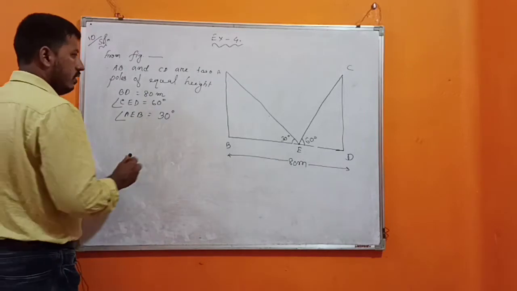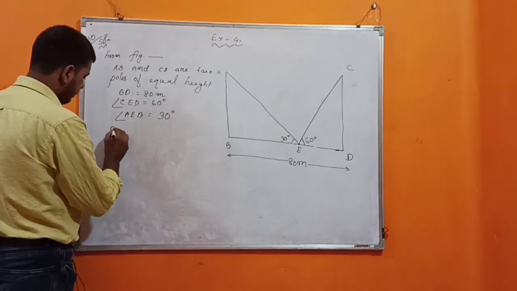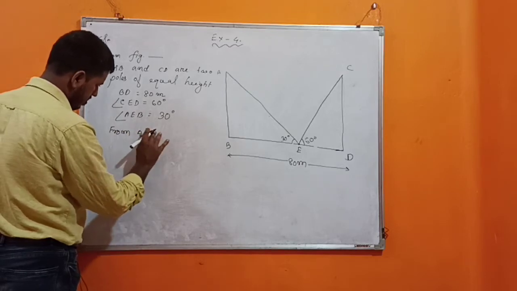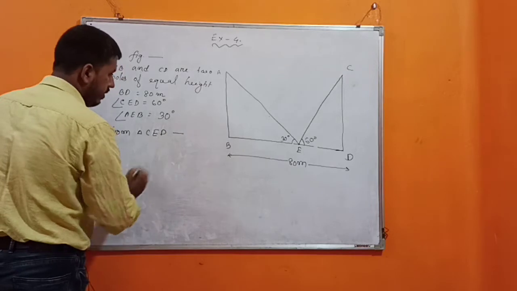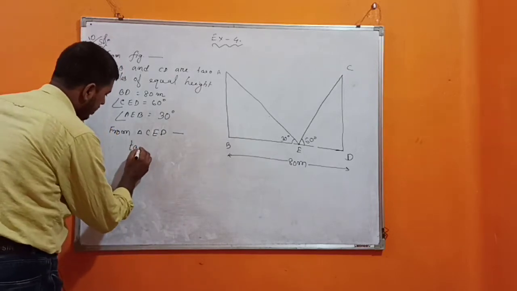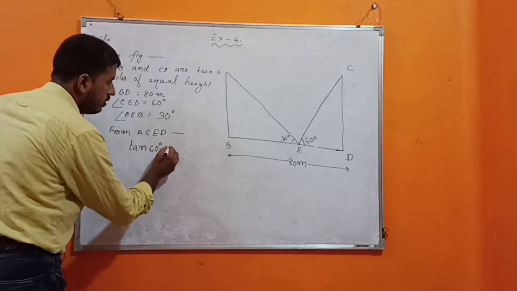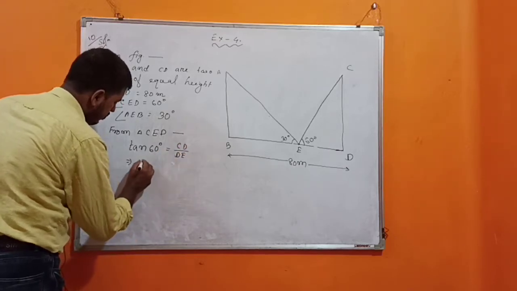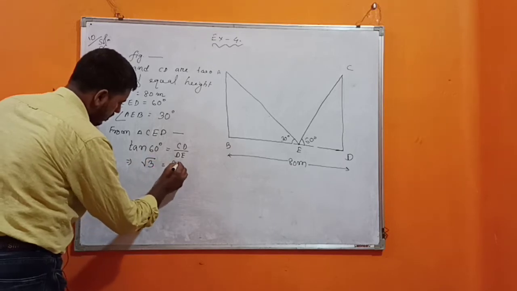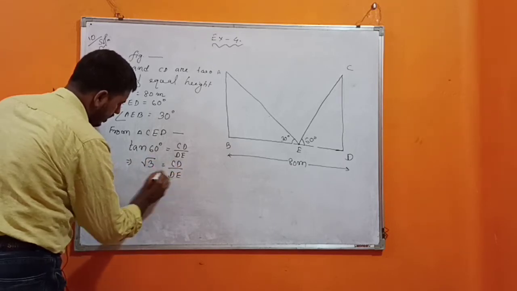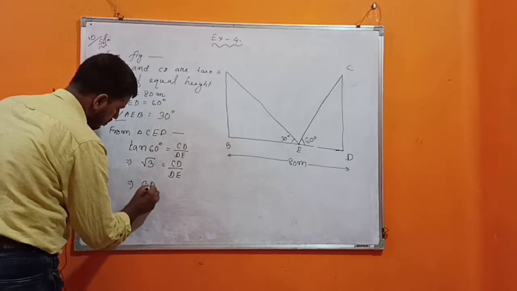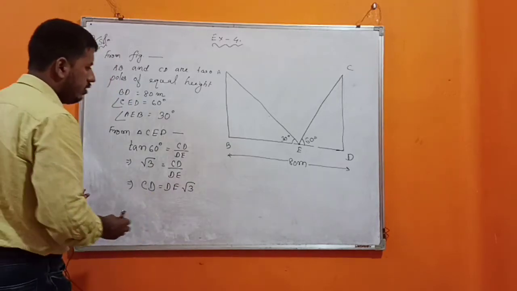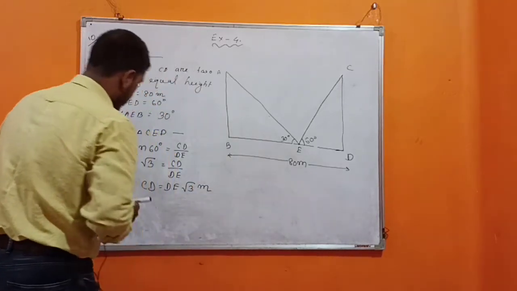So let's look. From triangle CED, we can write tan 60 equals CD by DE, and tan 60 is root 3, so root 3 equals CD by DE, and it can be written as CD equals DE root 3 meters.